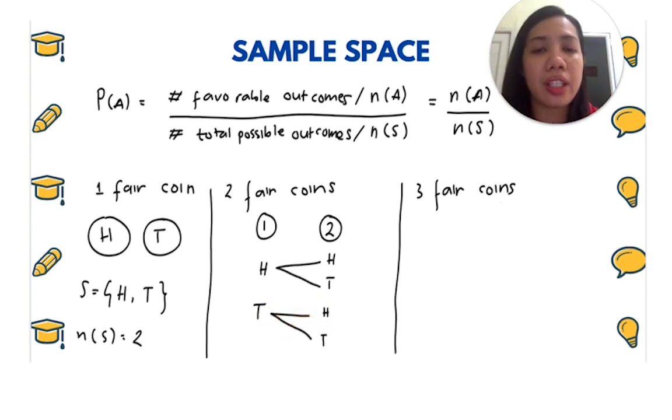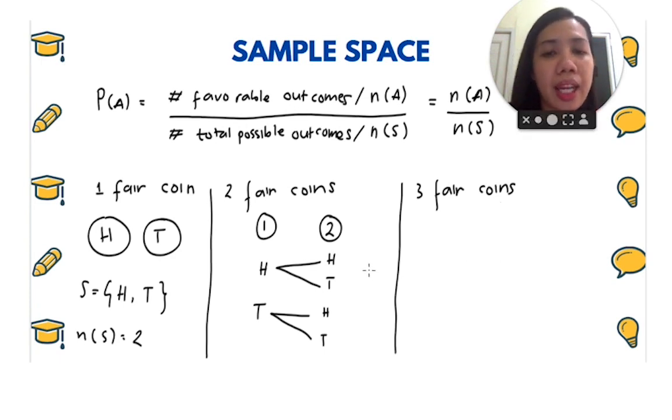As you can see here, we have four possible outcomes whenever we toss two fair coins in the air, which are head head, head tail, tail head, and tail tail.